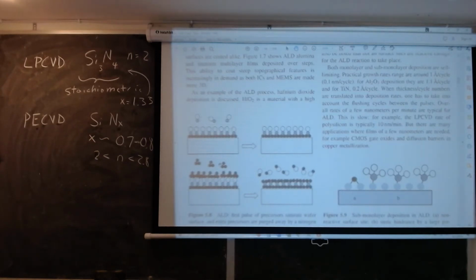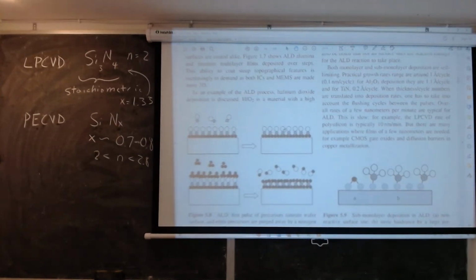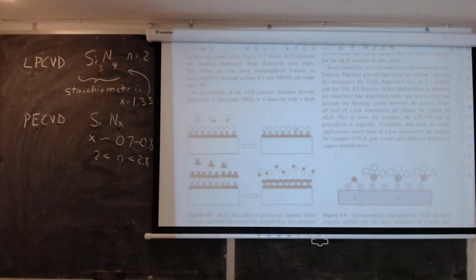And the point is that this step here cannot go beyond one atomic layer, meaning it doesn't matter how much gas you have in here, because the reaction is specific to the previous cycle and the previous material. You can only deposit one monolayer at a time, as it's shown here.